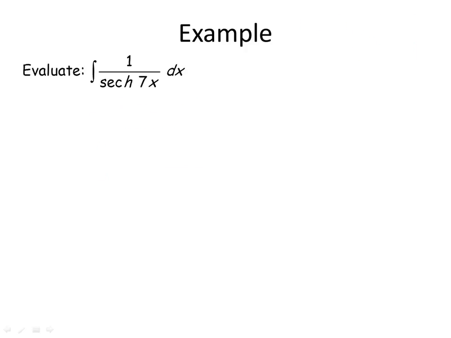So let's go back to Cal 1. Can you find the antiderivative of a quotient? No. Well, in Cal 1, we would just say, oh, well, this is going to be a hyperbolic secant inverse of 7x dx. Not so easy.